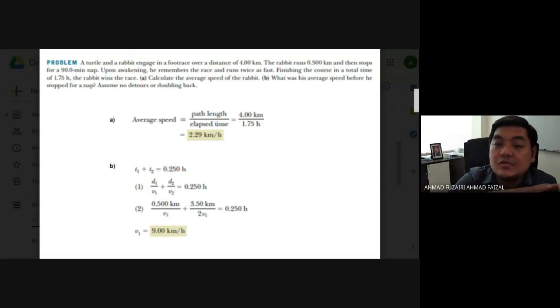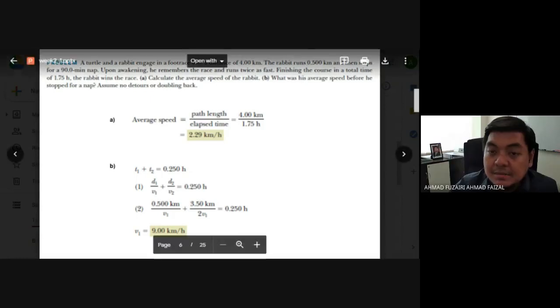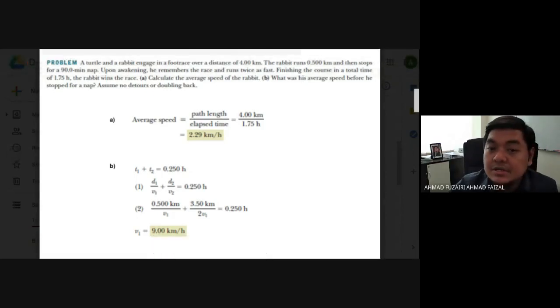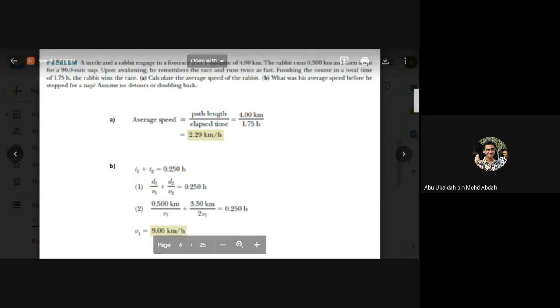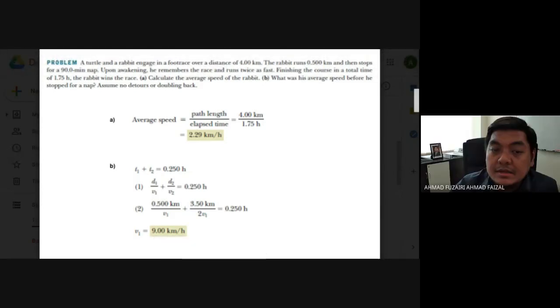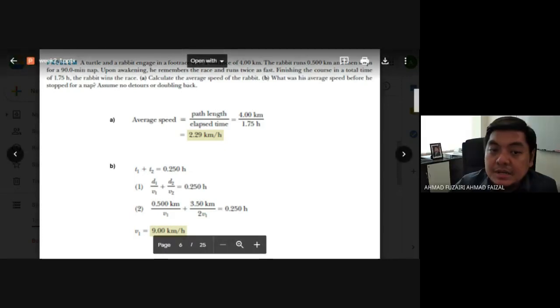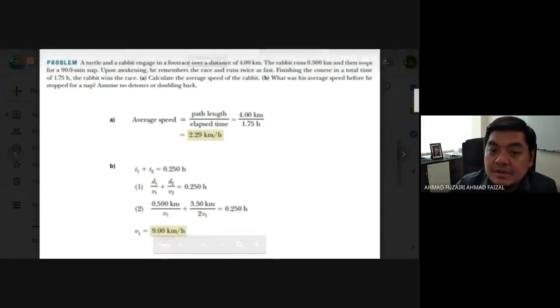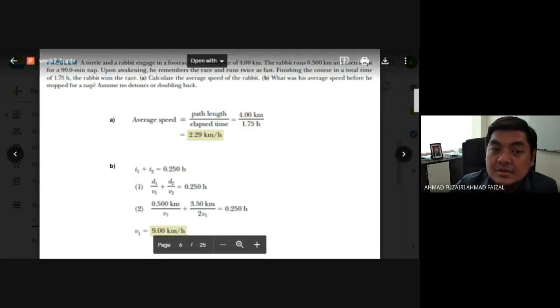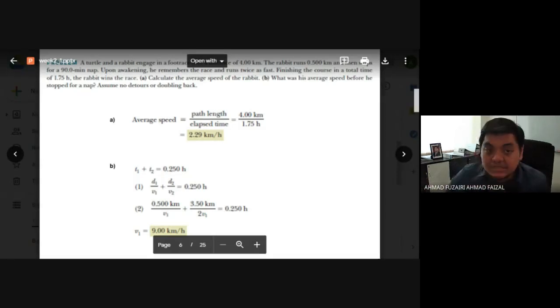Maksudnya bukan tukar masa tengah-tengah jalan, tukar bila last kali, sebab dalam soalan dia bagi kilometer dengan hour je. Nanti 90 minutes nap tu bersamaan dengan 1.75 hours, tu dia tukar kepada hour. Kalau kita nak tukar semua meter per second pun boleh. No problem. Okay. Thank you, sir. Alright.